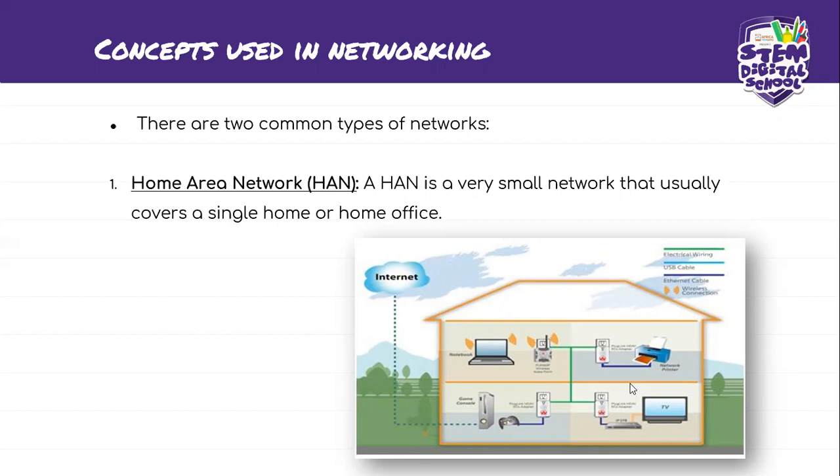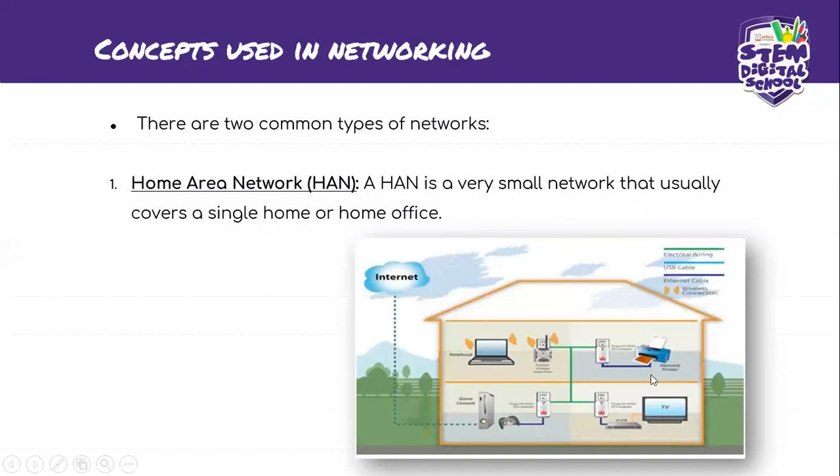I can see a TV, a printer, cell phone, laptop, and a PS5. So this is a small network. These devices are connected, and this one is a home area network.